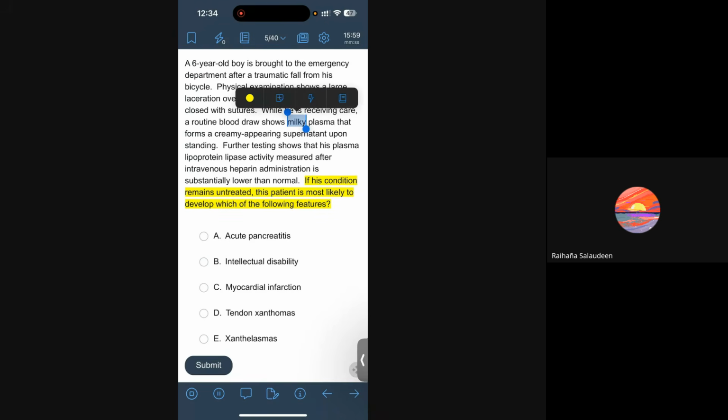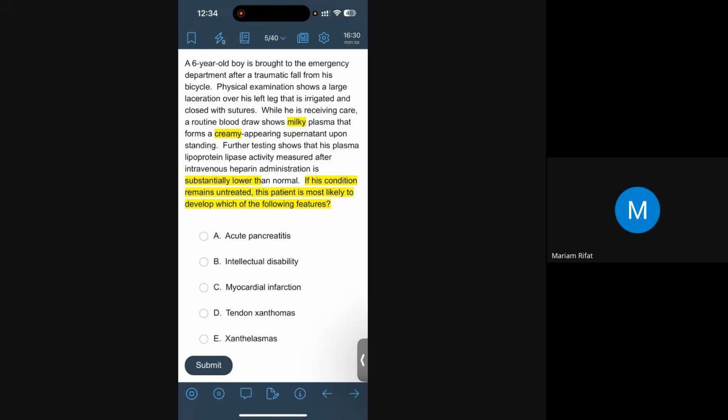Milky plasma, creamy-appearing supernatant, and lipoprotein lipase activity is substantially lower. So is there any diagnosis coming to your head in which there is milky plasma, creamy-appearing supernatant, and decreased lipoprotein lipase activity?